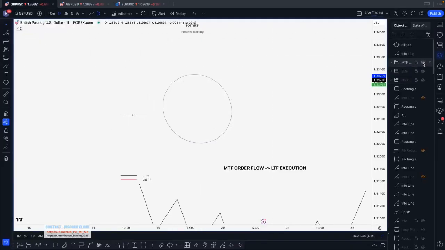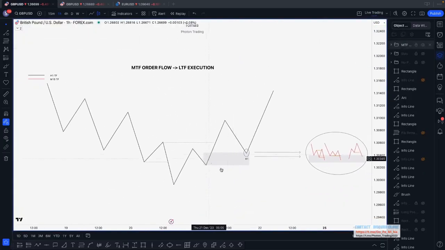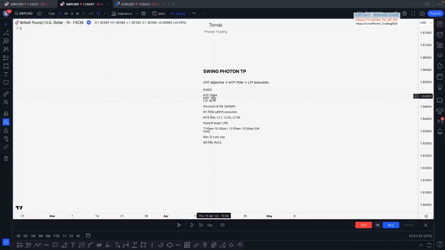Just a very quick summary. Okay, this is what I'm doing. Then daily and H4 as my high time frame. My medium time frame is the H1, and my low time frame is M15. Structure and supply and demand, the daily, H4 and H1. Again, I'm not using the M15 here.